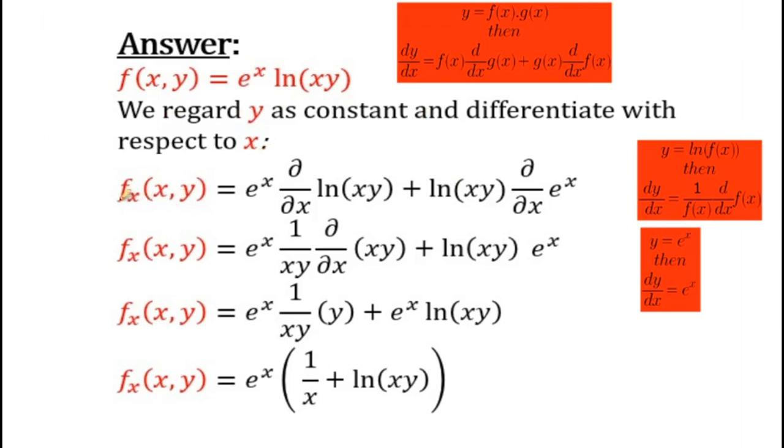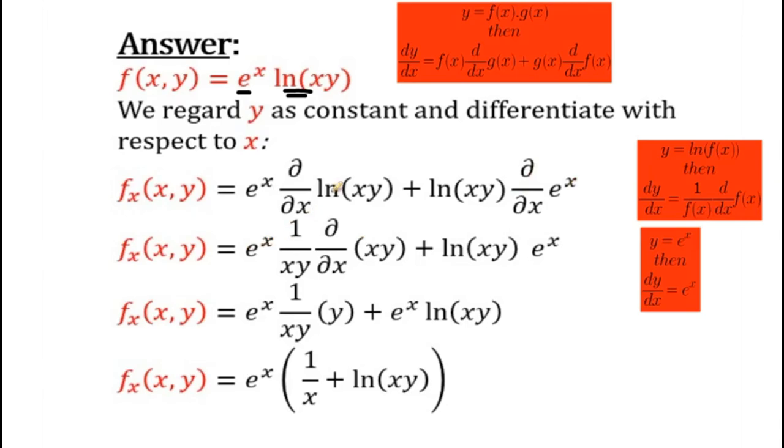So the first partial derivative with respect to x is equal to: first function remains, here we have two functions, that is e raised to power x and natural log of xy. That's why the first function remains as it is, that is e raised to power x, and the partial derivative of natural log of xy, plus natural log of xy and the first partial derivative of e raised to power x.